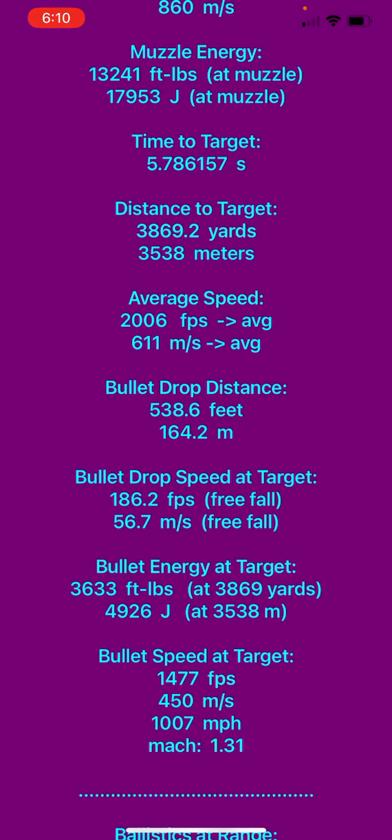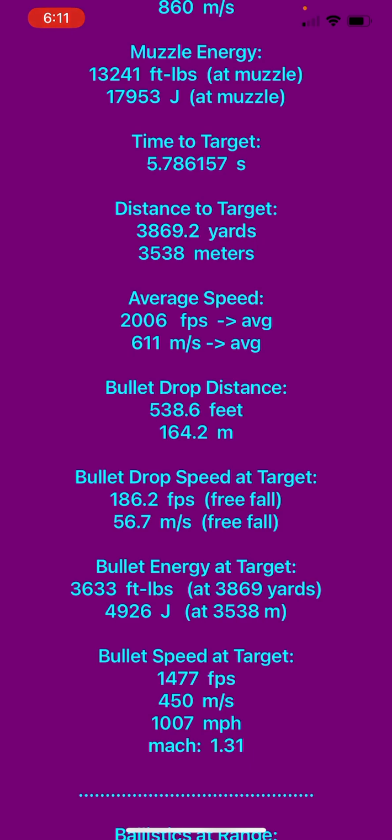Bullet drop speed at the target tells you how fast that bullet is moving towards the ground at the time that it hits the target. Everything that is dropped towards the earth experiences a constant acceleration, which means that, given a certain amount of time, unless there's some huge amount of aerodynamic drag, such as with a parachute, it's going to keep speeding up until it actually strikes the earth.